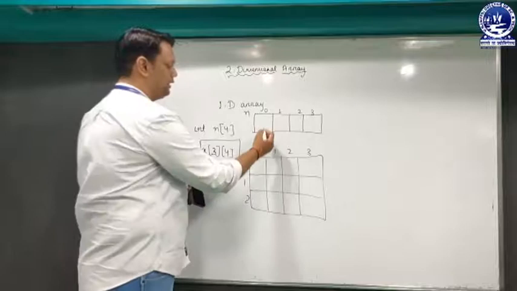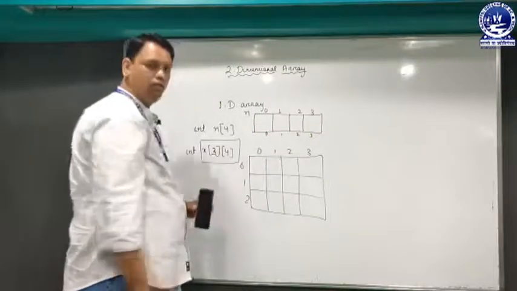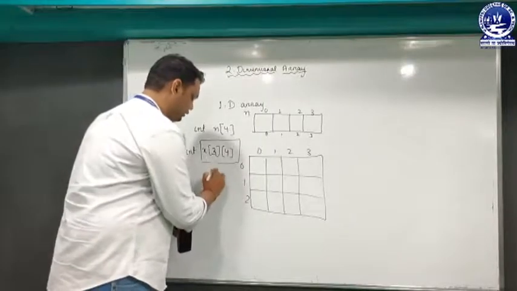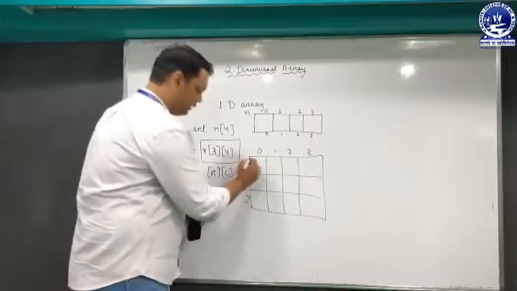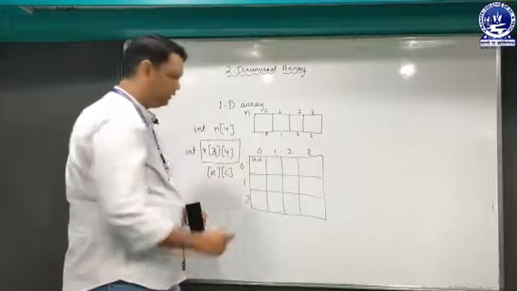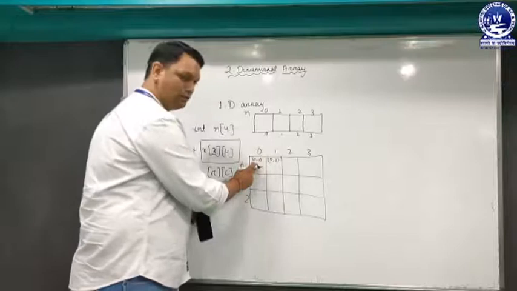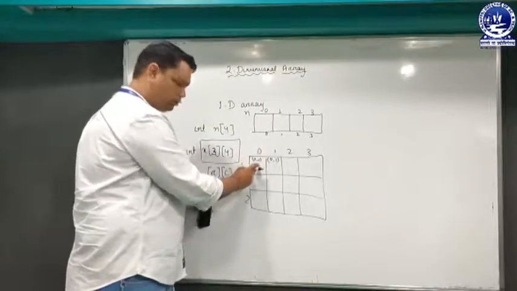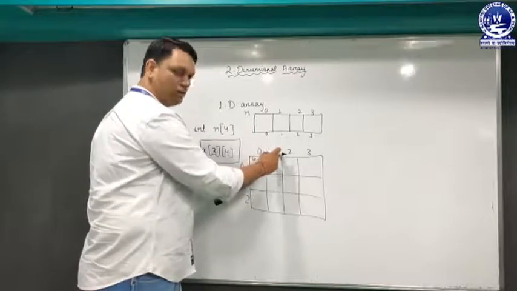Here the index is 0, 1, 2, 3. But what is the index of a 2D array? The index of a 2D array always comes with the first as the row value and the second as the column value. The first element will be 0,0 because the row value is 0 and the column value is 0. Next it will be 0,1, row value 0 and column value 1.